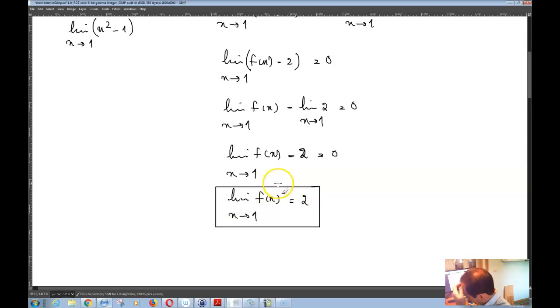Okay, so we have one more question here, which is: if f of x is this function, for what integers does the limit of this exist?